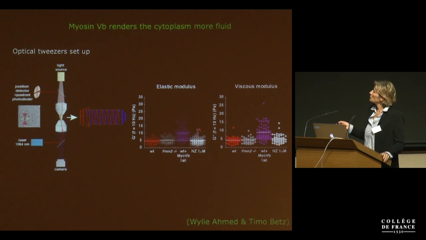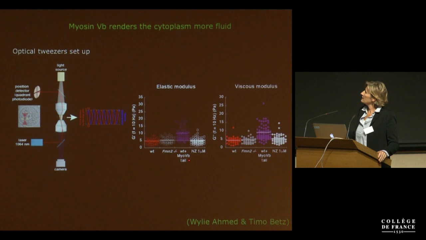And what Maria could observe is that when she overexpressed myosin 5B, then she tremendously increased the elasticity and the viscosity of the oocyte cytoplasm. So this suggests that this motion of all the cytoplasm is actually inducing the fluidization of the cytoplasm.